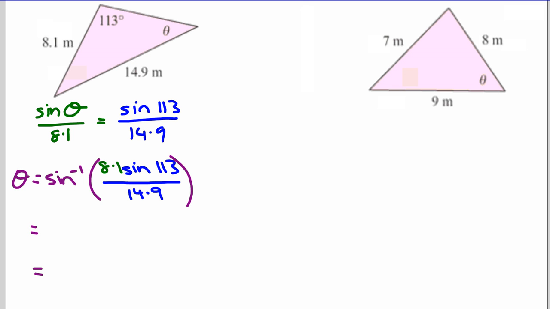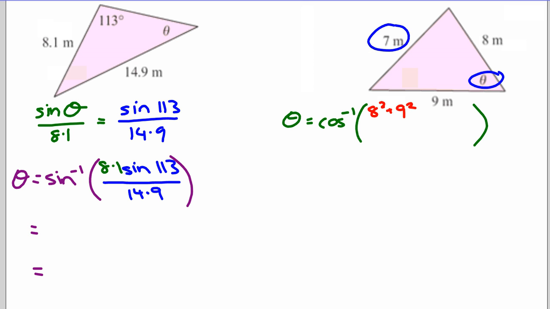Let's leave that and we'll get some answers soon. The cosine rule one at the end is a bit tricky.